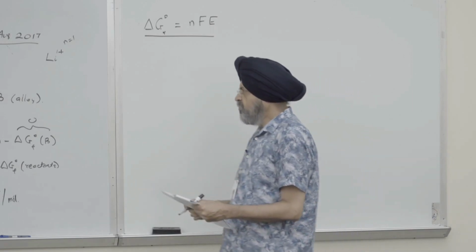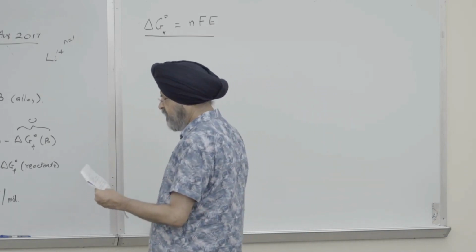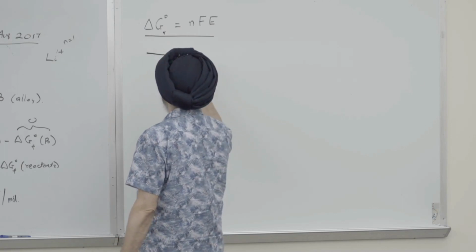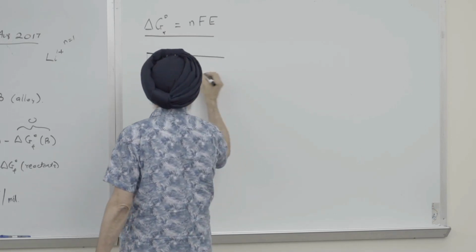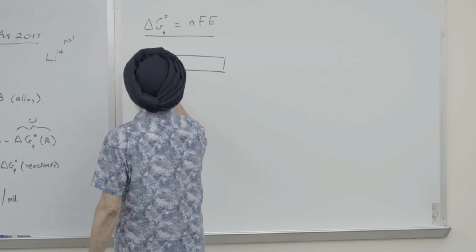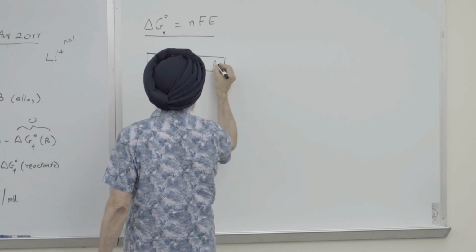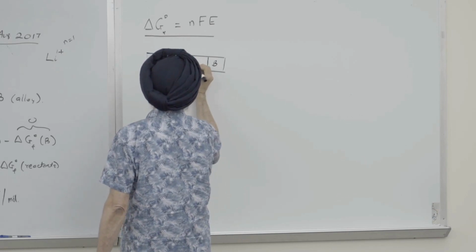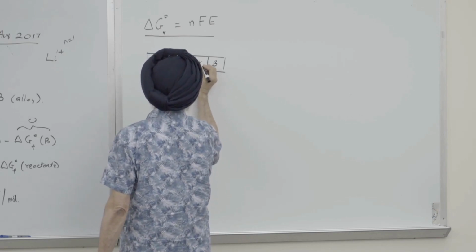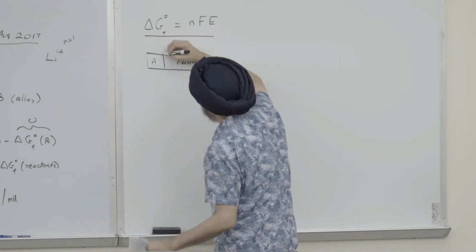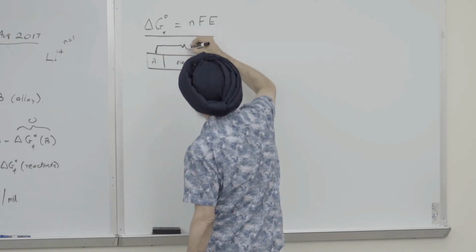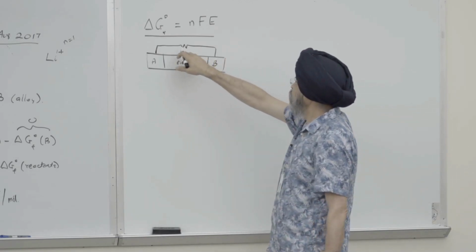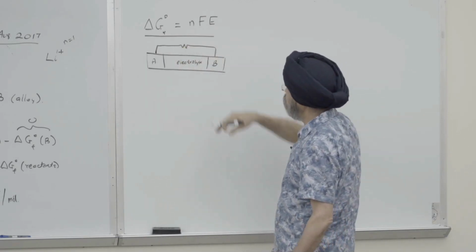So what we did was, we started off with a cell which had electrode A and electrode B, and we had the electrolyte in between. Then we short circuited, in a way, through a controlled resistor so you don't have too much current.